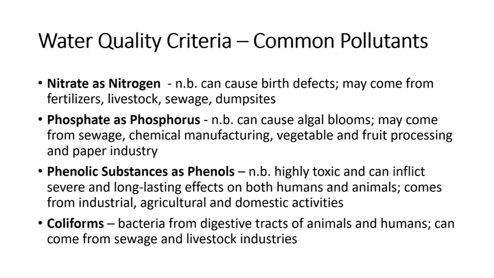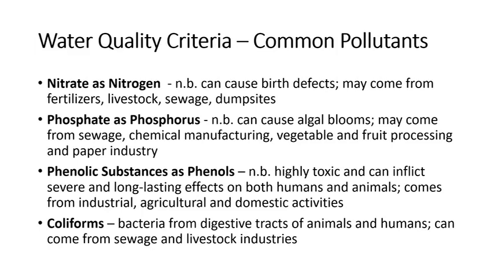Other criteria is nitrate as nitrogen. All right. Note that nitrate can cause birth defects, and nitrate can come from fertilizers, livestock, sewage, and dump sites. Next is phosphate as phosphorus.